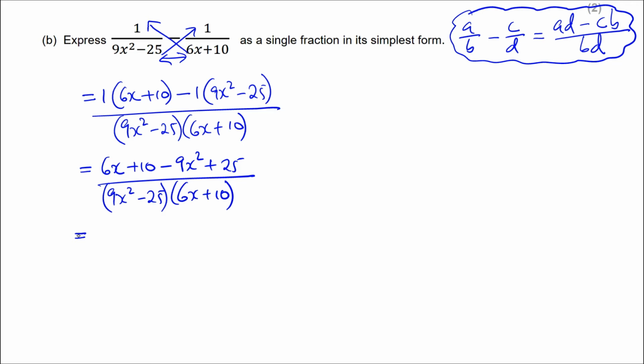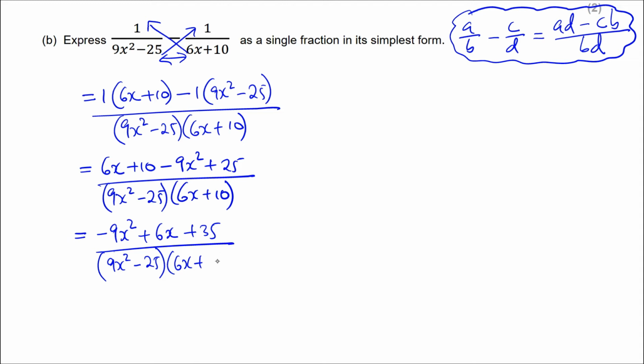Now, at this point, we can simplify again the numerator, so that will be negative 9x squared plus 6x plus 35 over 9x squared minus 25 and 6x plus 10.